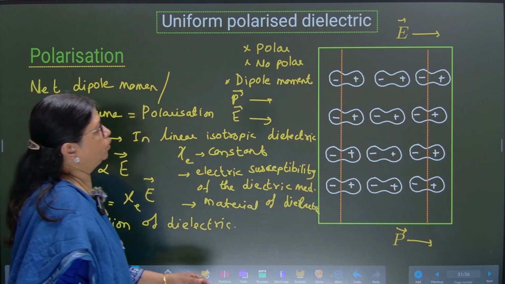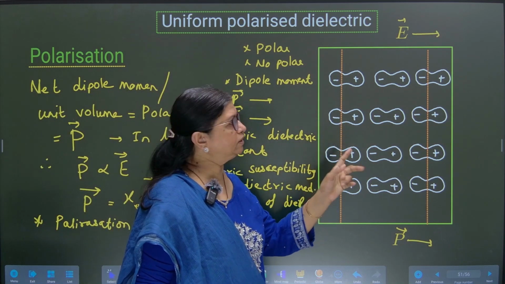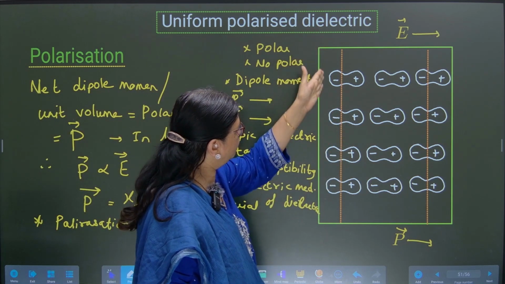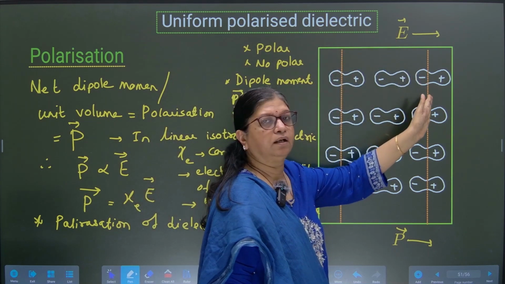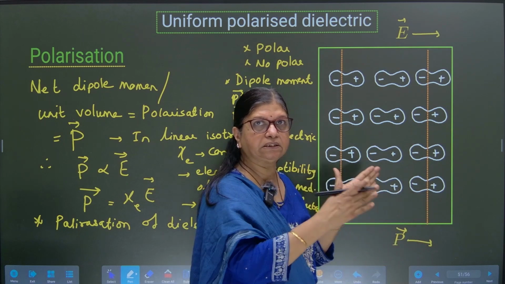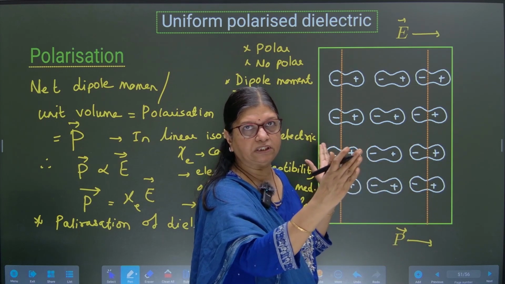Fine. So there will be a portion with all negative charges and a portion of all positive charges opposite to each other.